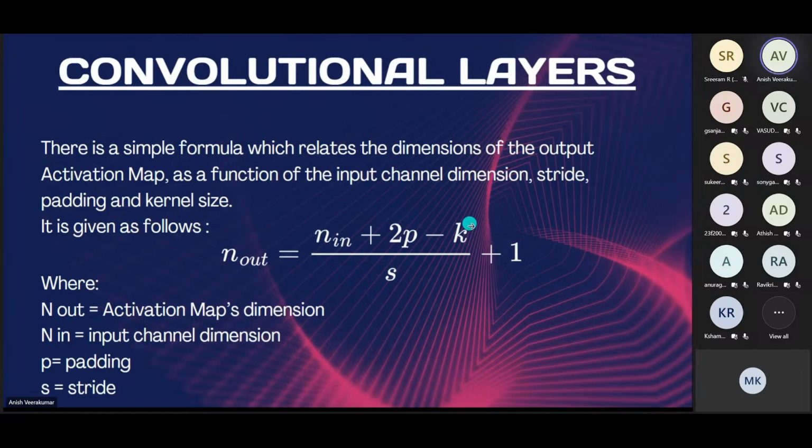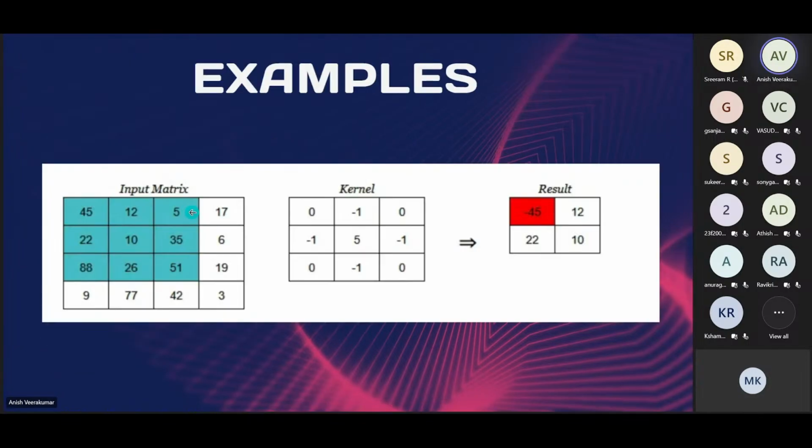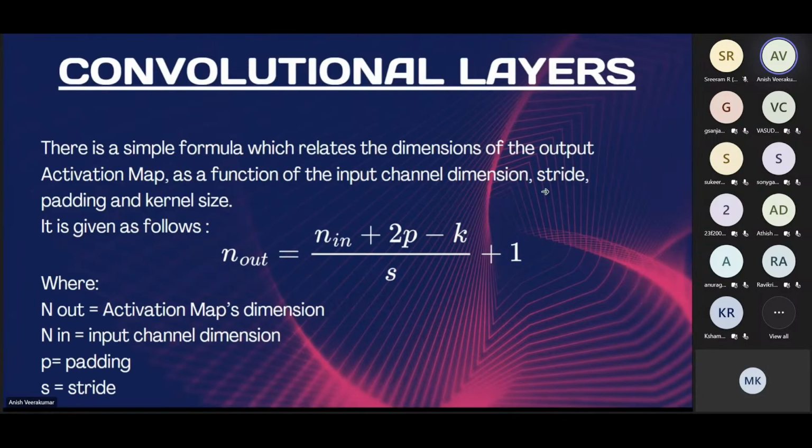K is nothing but the kernel dimensions, K x K. P is the padding if it is used, which is just the extra zeros added, while S is the stride. In the previous case, S was 1. And of course, there's a plus 1 at the end. So this is a pretty simple formula. You can remember it if you want.